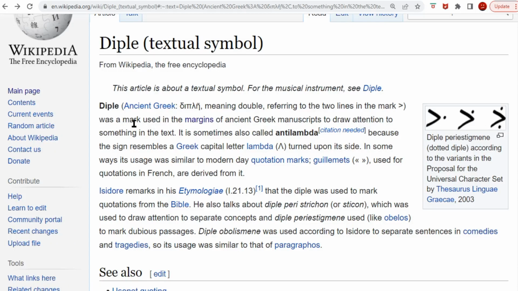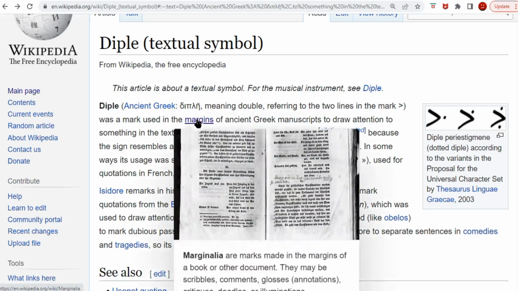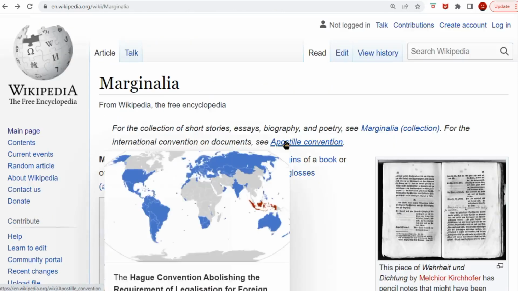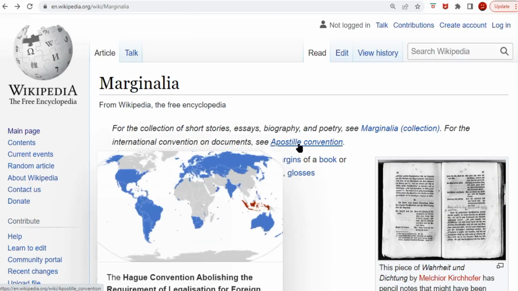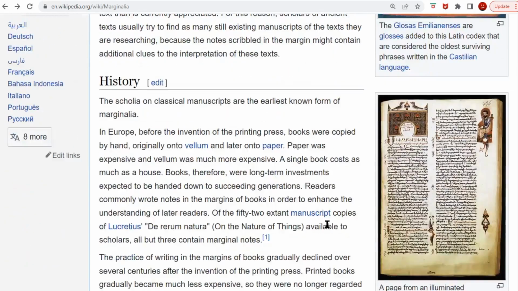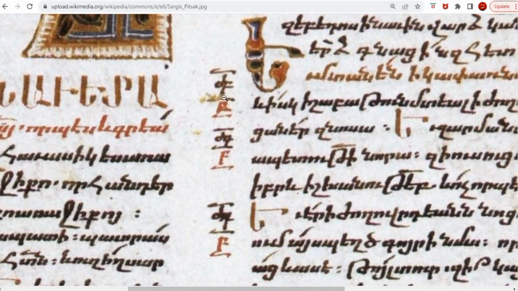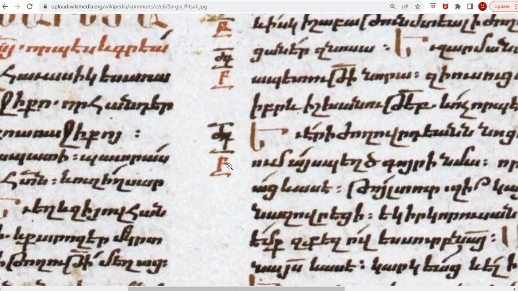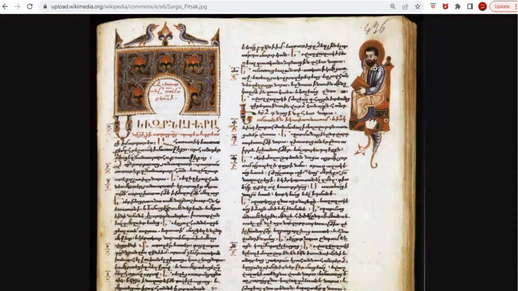They also did this in some of the Greek manuscripts, and they put them in the margins, and this became known as apostles, the marginalia. These little symbols written in the margins are known as apostles. And this artwork, these are apostles.